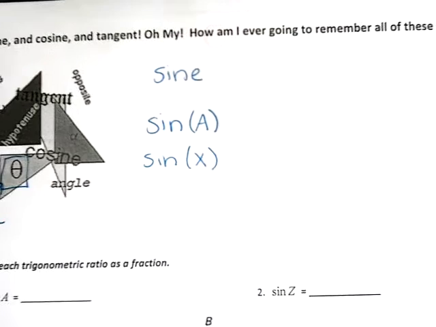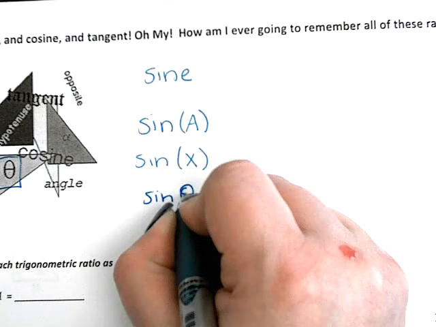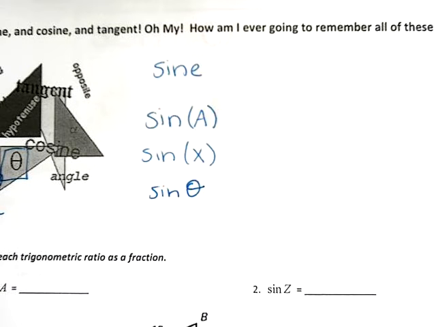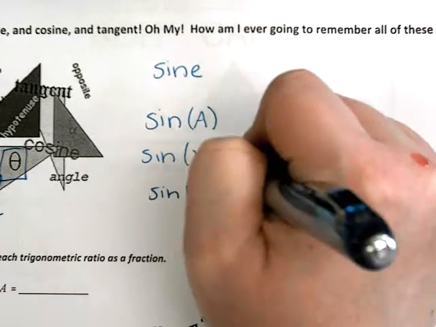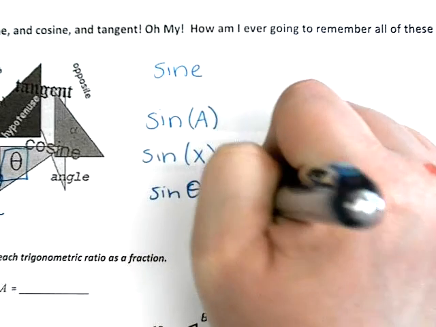So, for example, I can write sine, and then theta is just a circle with a line through it in the middle, like that. So sine of theta. Well, we said in our notes before that the sine of theta is equal to the opposite side over the hypotenuse. So this is opposite over hypotenuse.